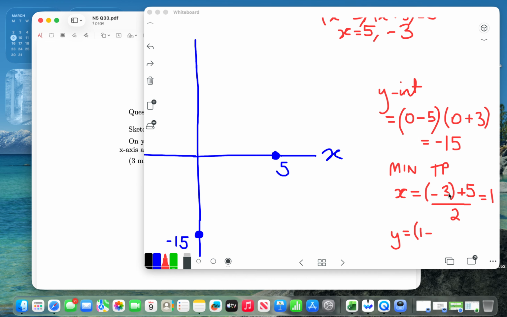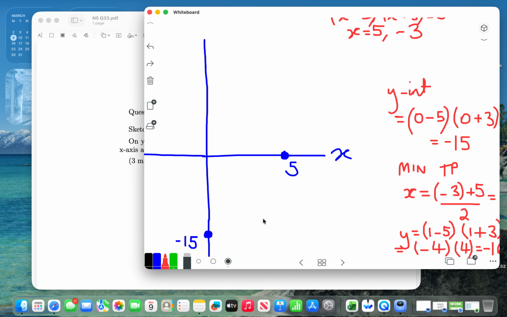So 1 minus 5 and 1 plus 3. 1 minus 5 is minus 4, 1 plus 3 is 4, so they multiply to get minus 16.